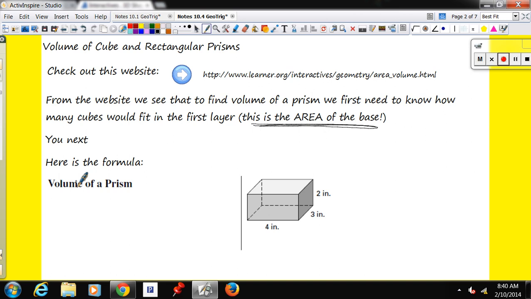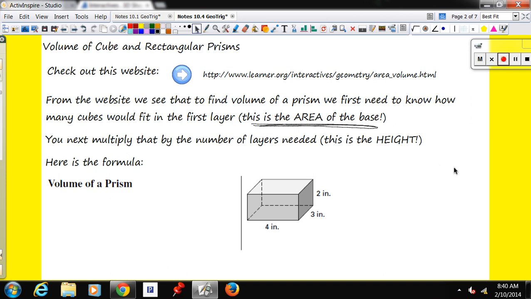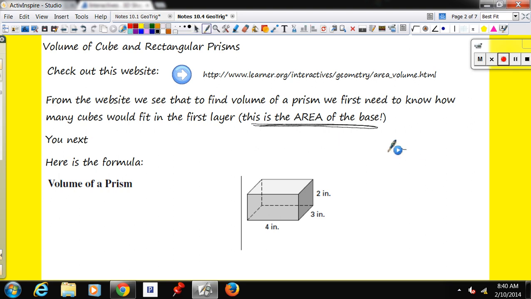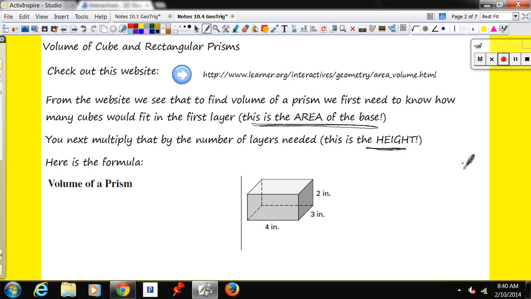Area of the base, and then you're multiplying it by the height. So you next multiply that by the number of layers needed, and this represents our height. Number of layers needed is our height.